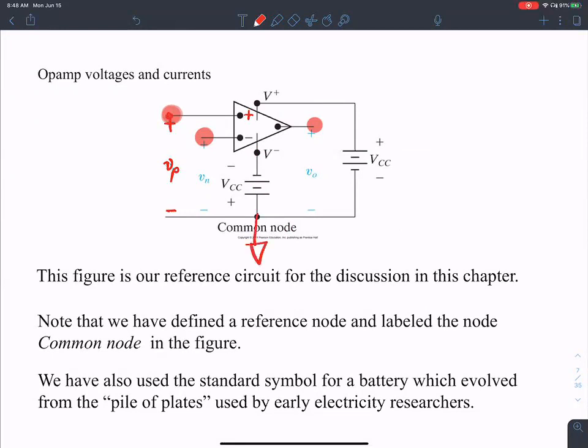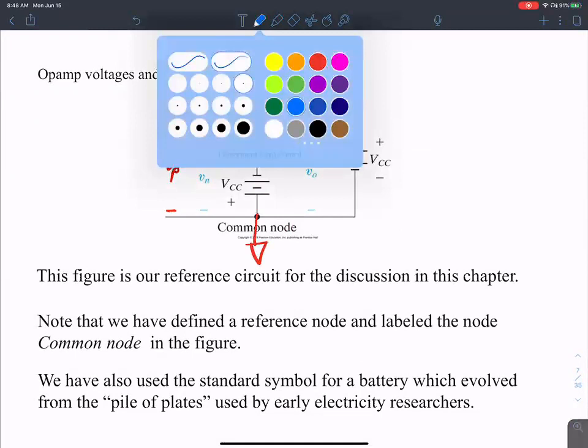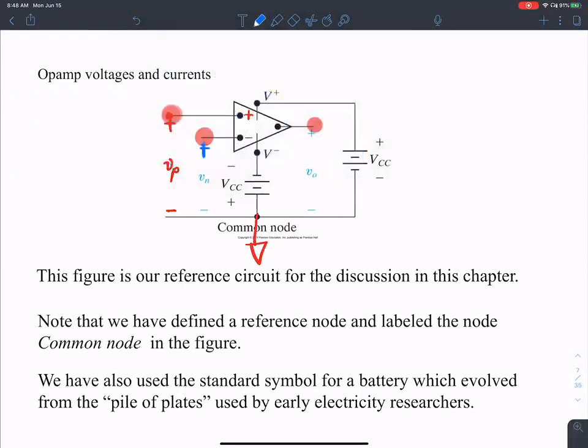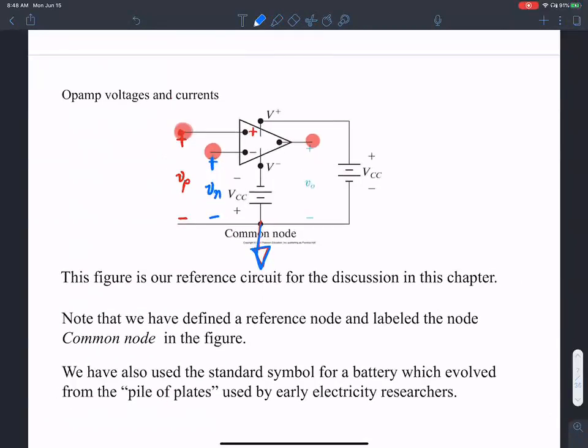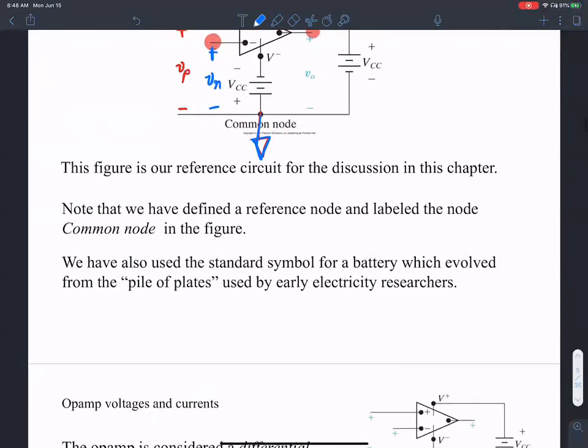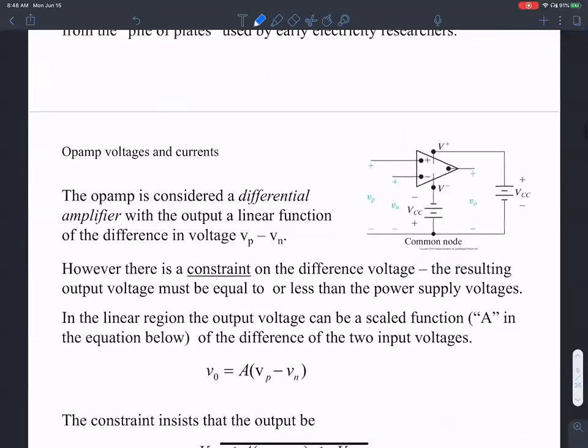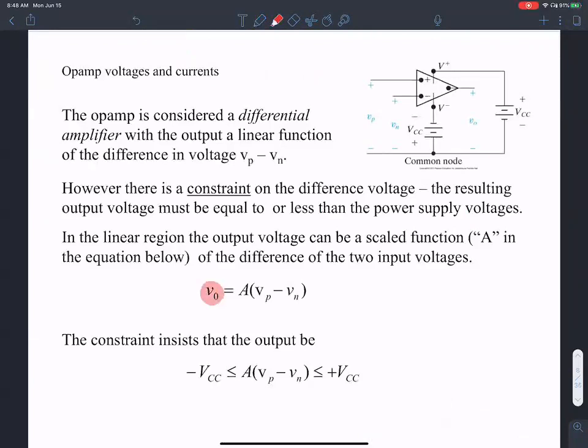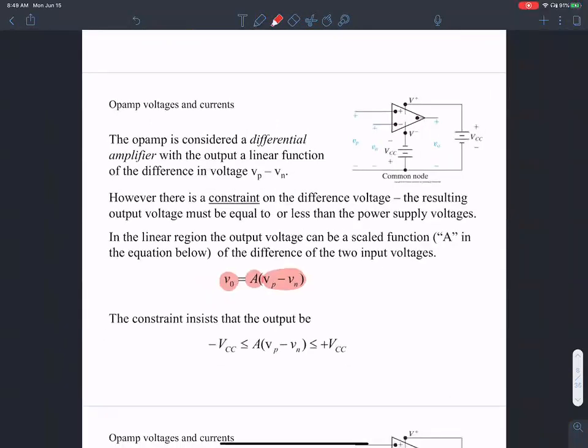I'm going to call this common node ground. Similarly, V negative is the voltage between the negative terminal and ground, the common node. We also have the standard symbol. Like I mentioned, the output is the difference between the positive and negative terminals times the amplification factor.